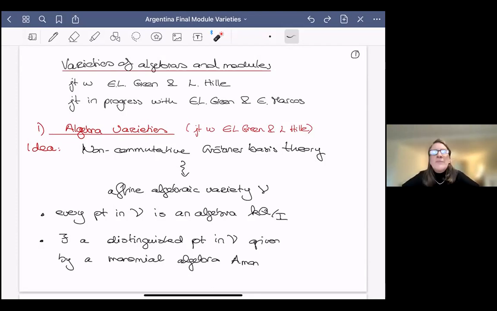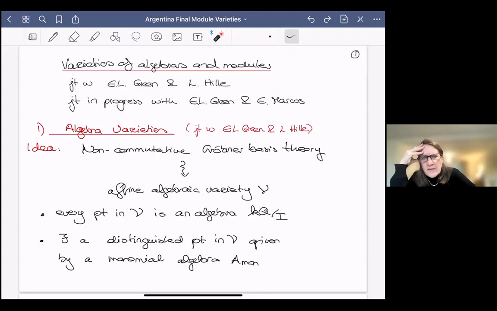Okay, and we want to use these Gröbner bases to construct affine algebraic varieties. And there are two different types of varieties. One are varieties where the points correspond to algebras, and the other one are varieties where the points correspond to modules.